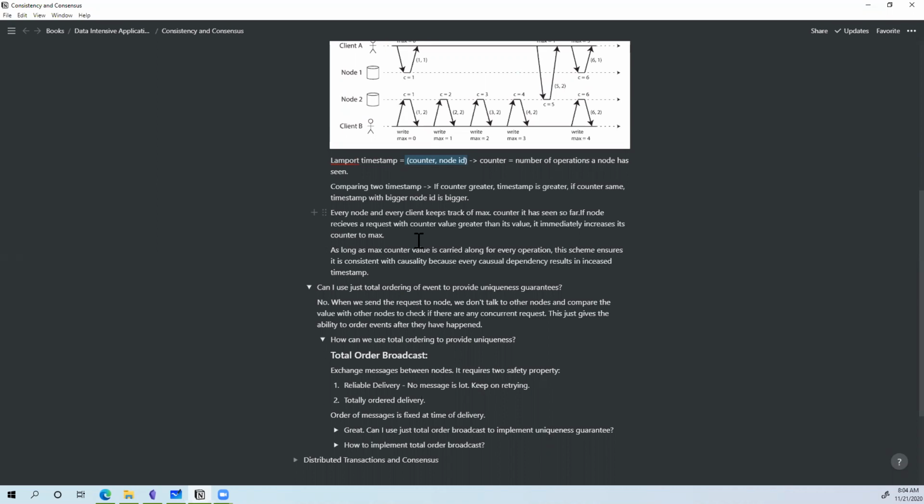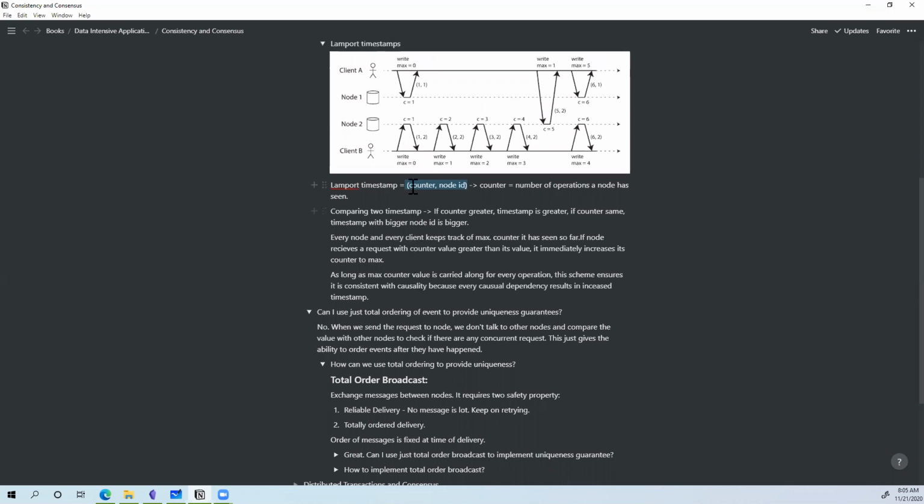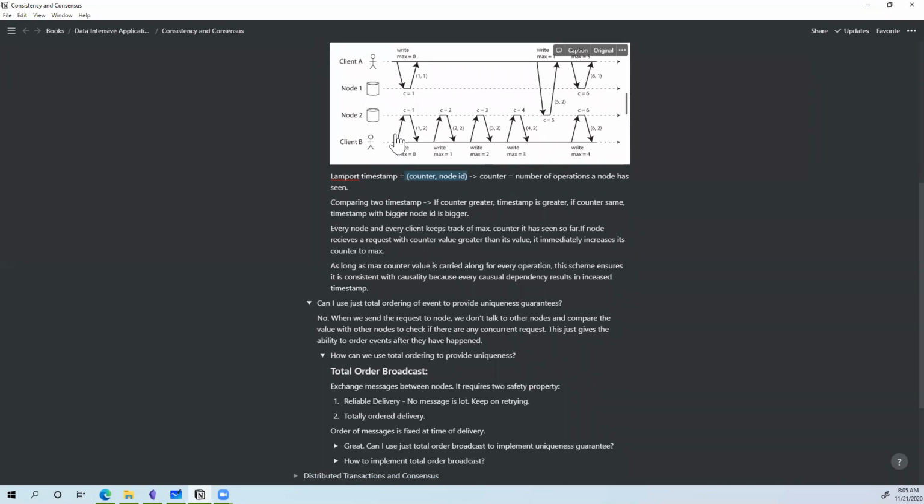So now, not only are we ordering these events, we are also broadcasting the order to all the nodes, and that is total order broadcast, right? Now our events are ordered, and we are broadcasting them to all the nodes. Now can we build a system that provides uniqueness guarantees from total order broadcast?